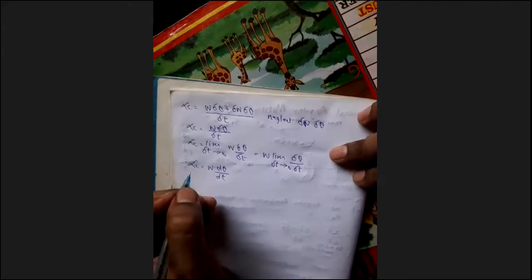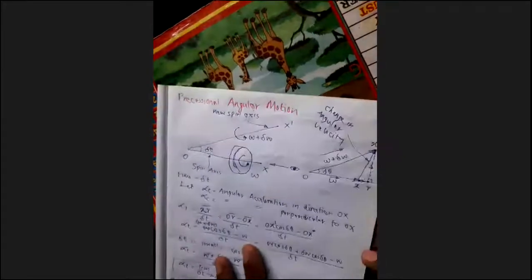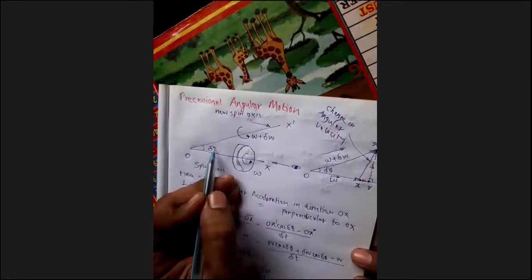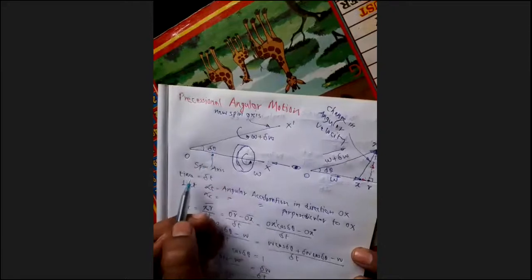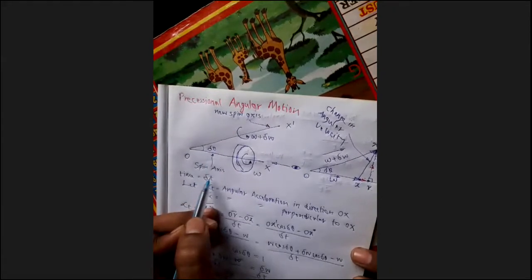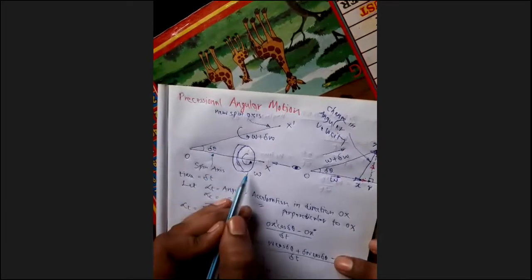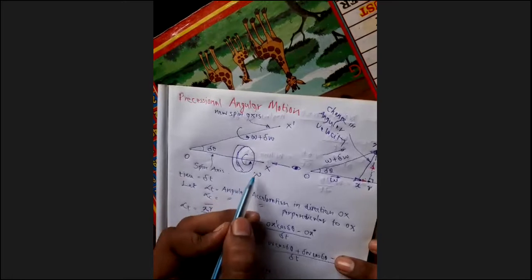Now I again move back to this diagram. D theta by dt, what does it represent? Delta theta is angular displacement, delta t is time. So delta theta upon delta t is nothing but angular velocity. But this is not the angular velocity of the disk. The angular velocity of the disk is omega.